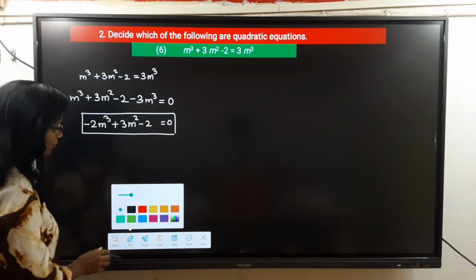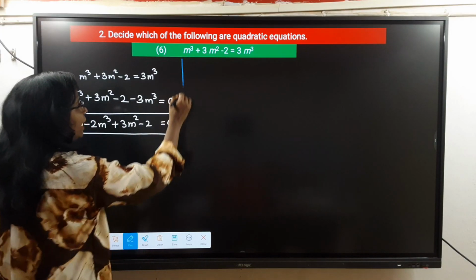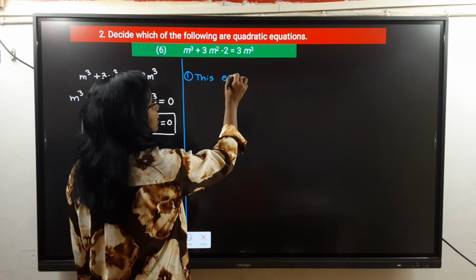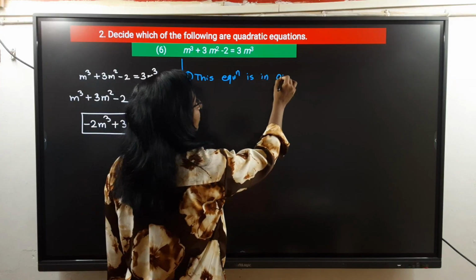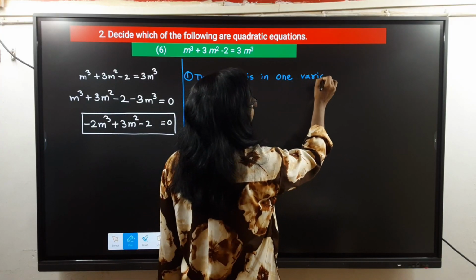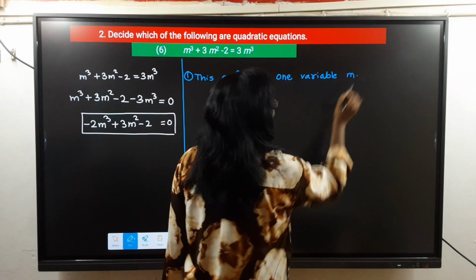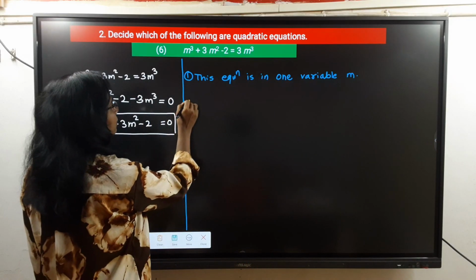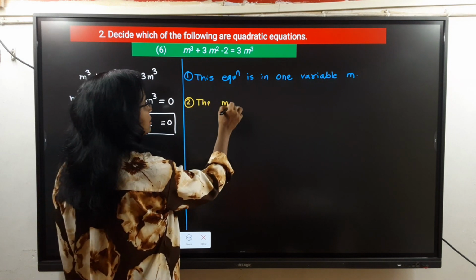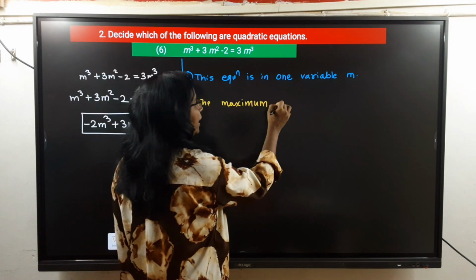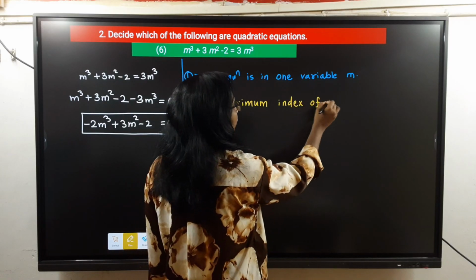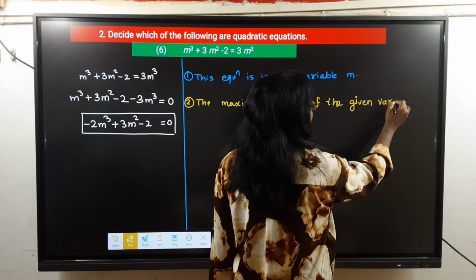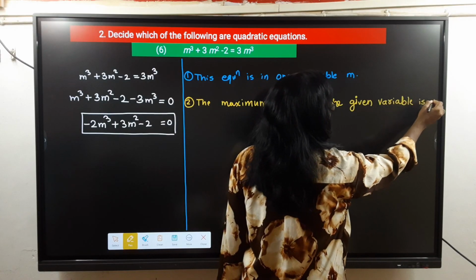Now here one by one we apply the conditions. So first condition is that this equation is in one variable, m. So this condition is fulfilled by this equation. Second one, the maximum index of the given variable is 3.